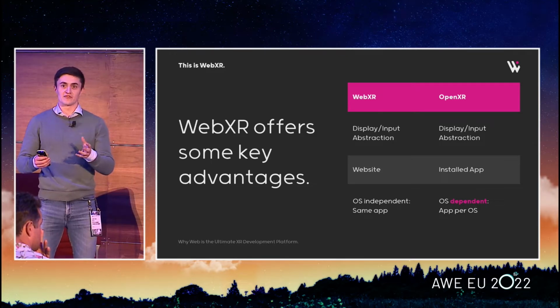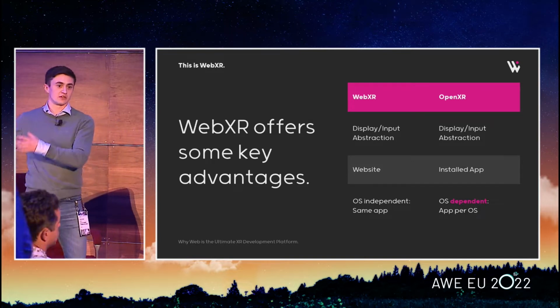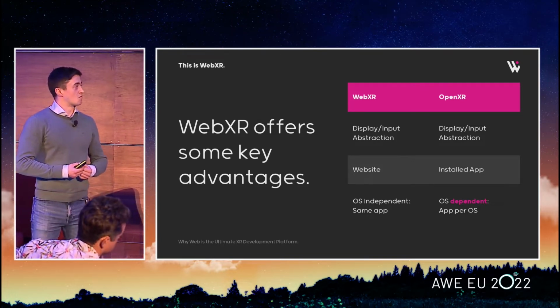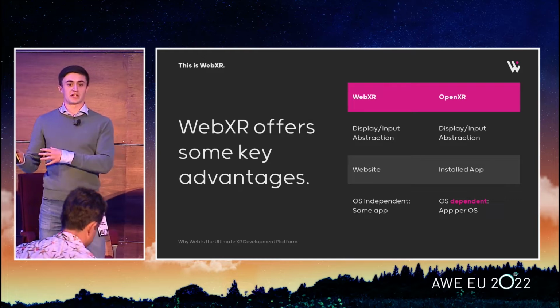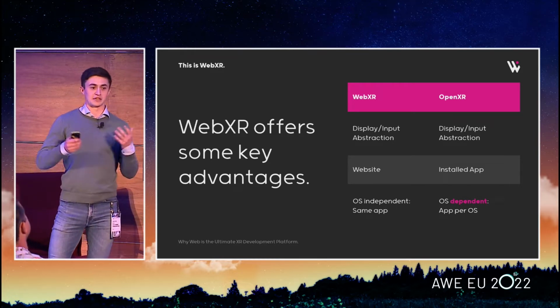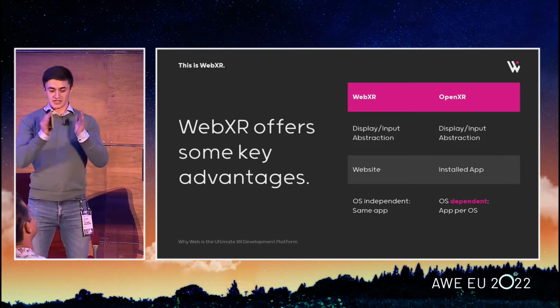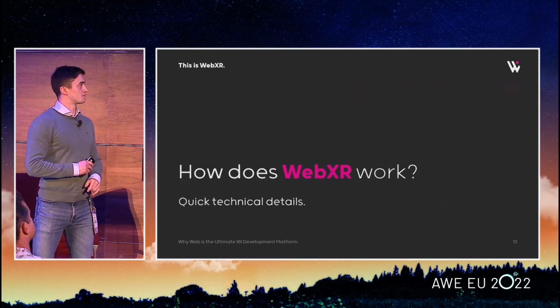So if you want to have a HoloLens experience on Windows or an Apple experience on a device that we don't have yet, you will have to build two separate apps. And that means more work publishing, more work updating. You'll have to go to various different app stores. And the web just makes that one single place.